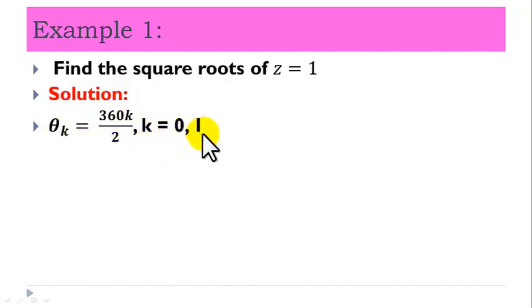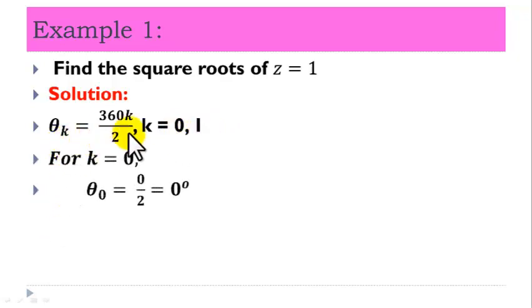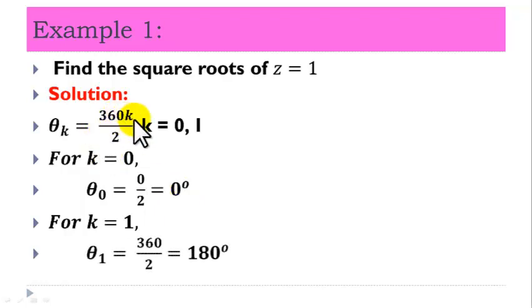For k equals 0, we have theta 0 equals 360 times 0 all over 2, which is equal to 0 over 2, and that is 0 degrees. And for k equals 1, we have theta 1 equals 360 times 1 all over 2. That's 360 over 2, which is equal to 180 degrees.